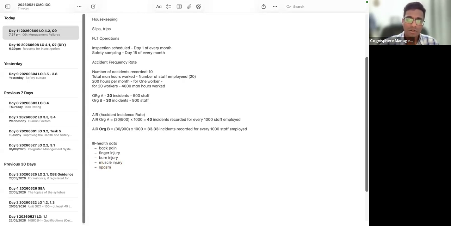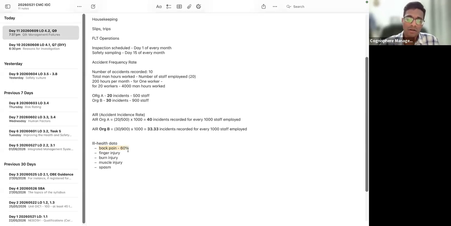We will collect all this data and then do an analysis to see which has the highest number of ill health occurrences. If you see that back pain contributes to 60% of the ill health data, then this is something that needs immediate attention.